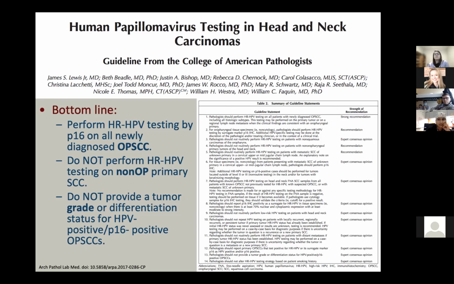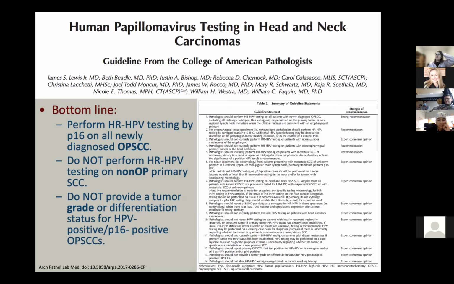The other case in which P16 is a problem is when sometimes, I don't mean to be rude, there are smaller institutions in the local area that are not so up to date on the recommendations and actually perform P16 on everything. So we will see P16 coming in from consults on the lateral border of tongue. And it's useless.